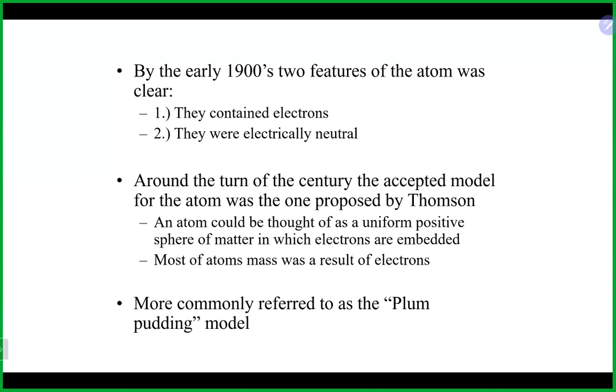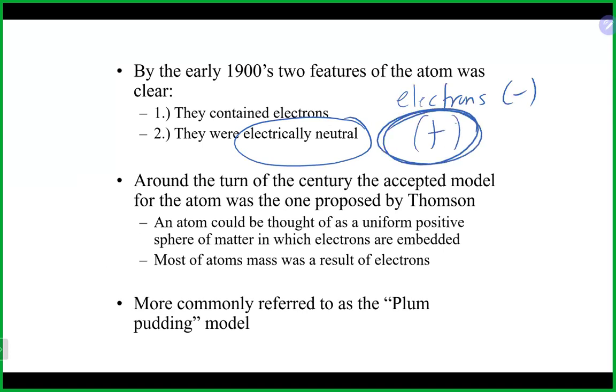It obviously contained electrons, and we have some information about some properties of the electron, but it was also electrically neutral. And in order for the atom to be neutral, we know that it contains these negatively charged electrons, so it would have to have something that would be positively charged to counteract.